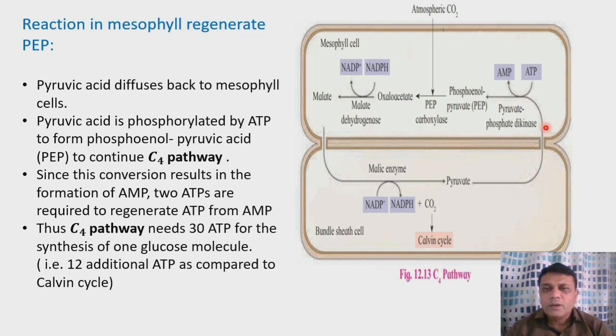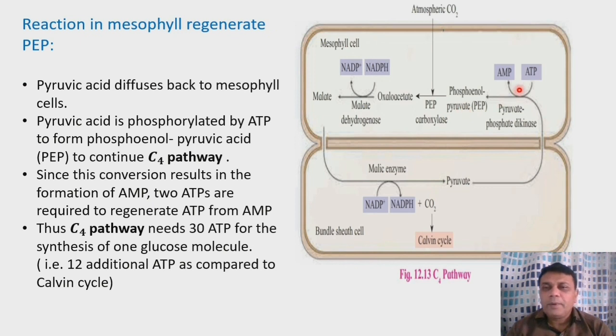That means phosphate is added, and it is obtained from ATP in presence of enzyme pyruvate phosphate dikinase to produce phosphoenol pyruvic acid or phosphoenol pyruvate.